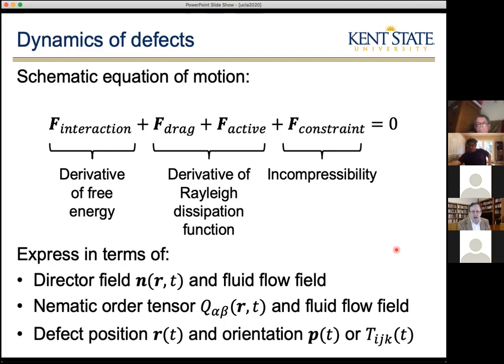Beris-Edwards theory is the name that goes along with that. These things are used a lot in modeling active liquid crystals now.